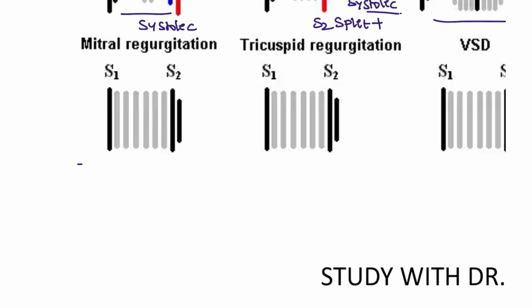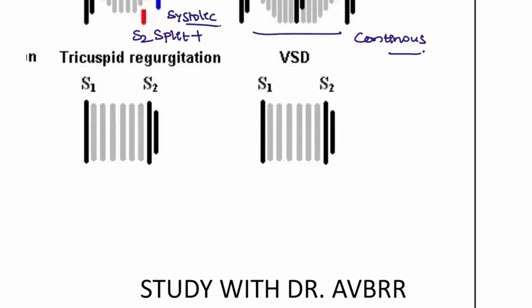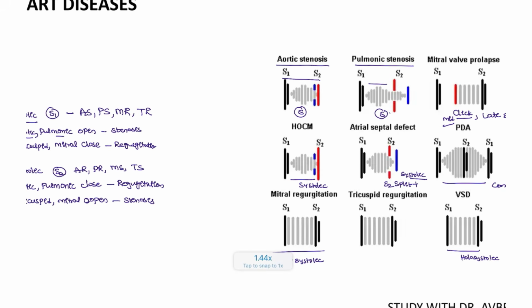Mitral regurgitation is a holosystolic murmur. Tricuspid regurgitation is also a holosystolic type of murmur. Then VSD has a complete holosystolic murmur. This is also a holosystolic murmur, right? These are the murmurs that you have to remember, right?